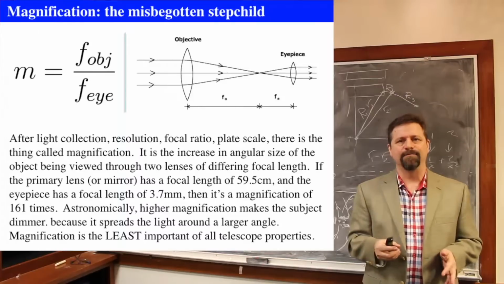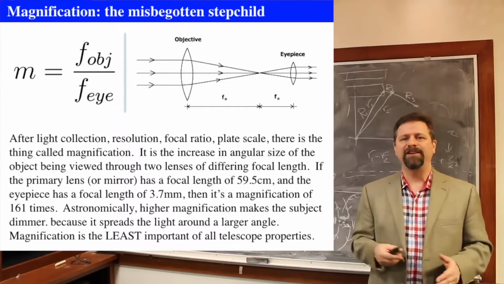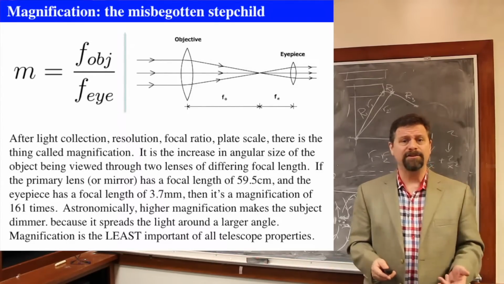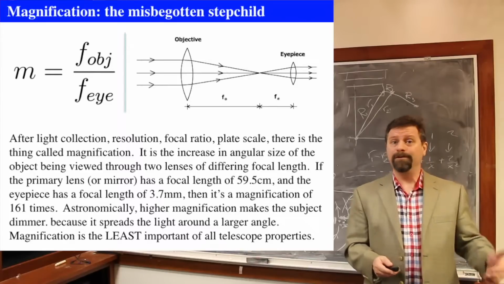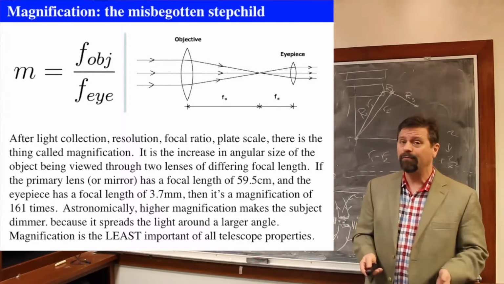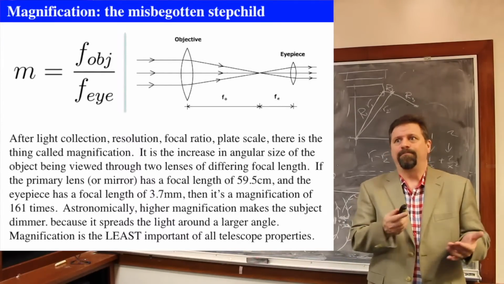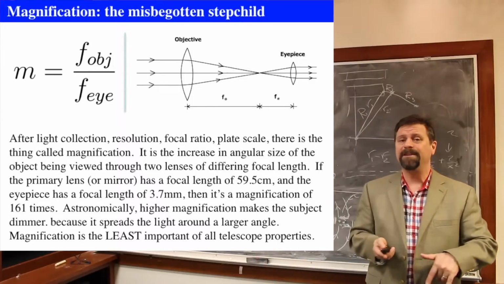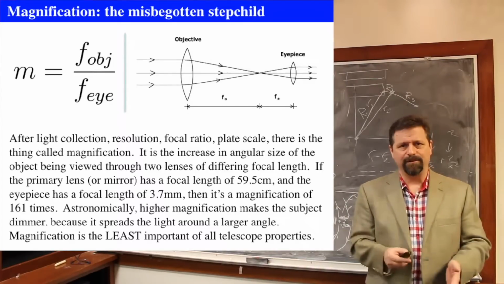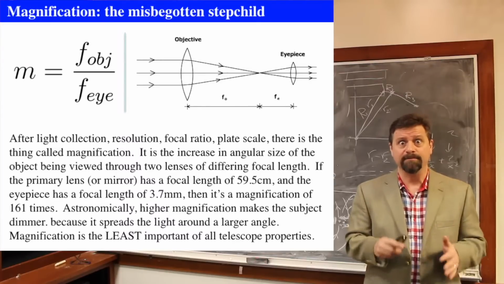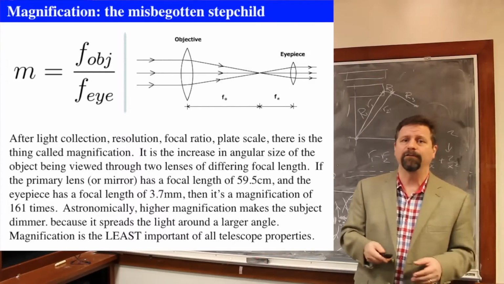Never buy a telescope based on magnification, because magnification is the least important thing. The focal ratio is important, the aperture is important, whether or not it's got a steady tripod is really important, and whether it has steel eyepieces or plastic eyepieces is more important. Never buy a telescope by the 100 times magnification on a box in a store somewhere.